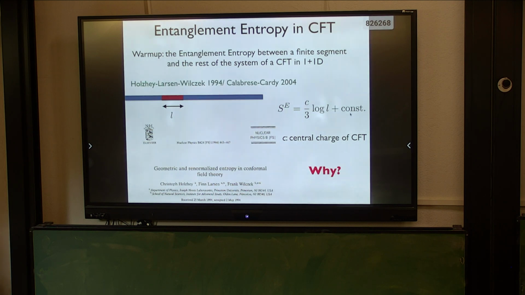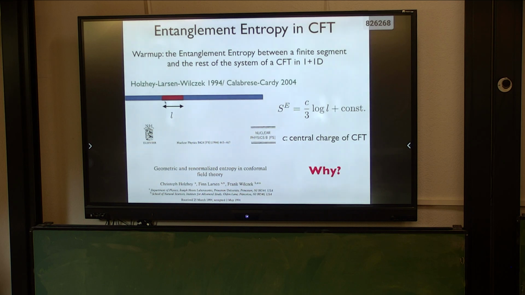So for the moment, I forget about this measurement, and also I forget about the two chains, and just consider a single conformal field theory. And then, for simplicity, let's consider an infinitely long system, the ground state of the conformal field theory.